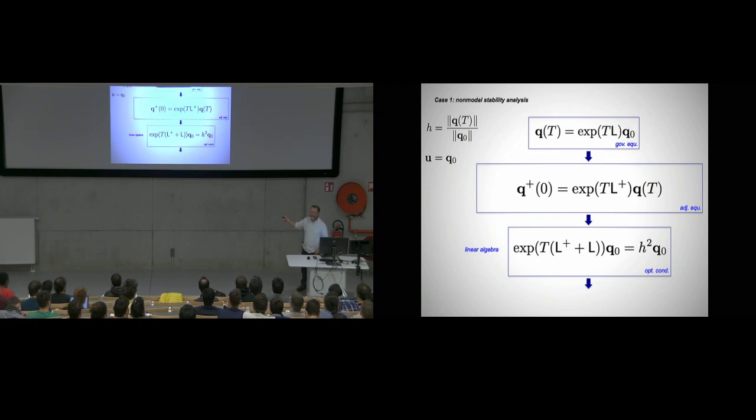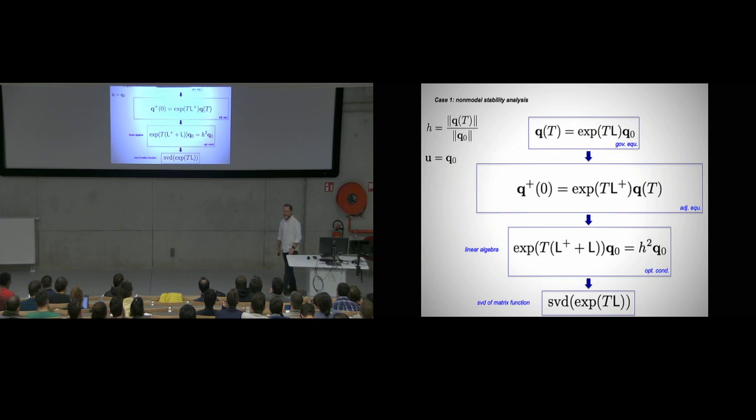Okay? And an eigenvalue of an expression like this is the same thing as a singular value decomposition of just one of those components. Okay? And here it is, the SVD of the matrix function. That is classical non-modal analysis. Okay? You take the matrix exponential, you hit it with an SVD, the singular values give you the maximum gain, and the principal left and right singular vectors give you the best input and the best output.